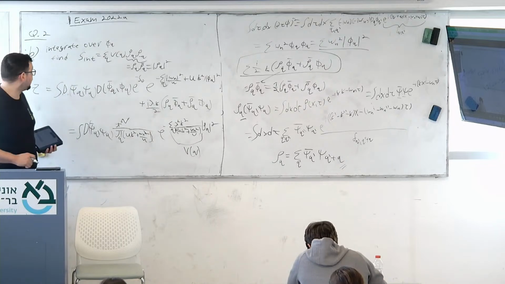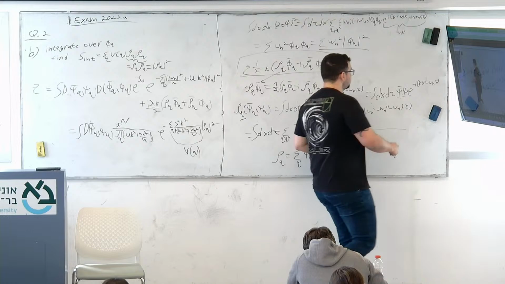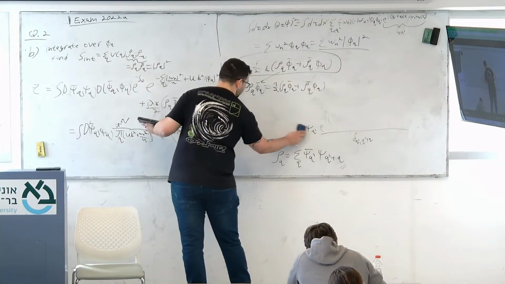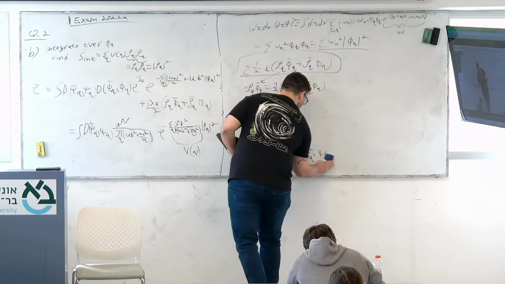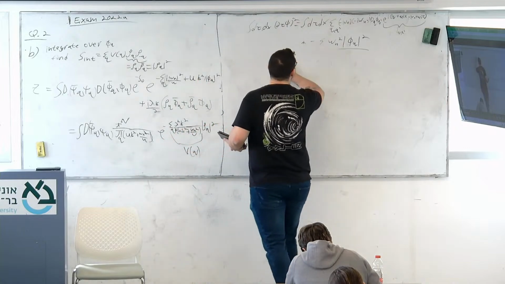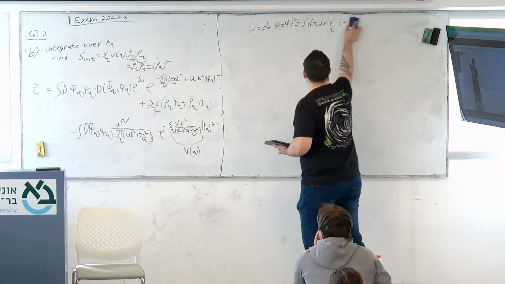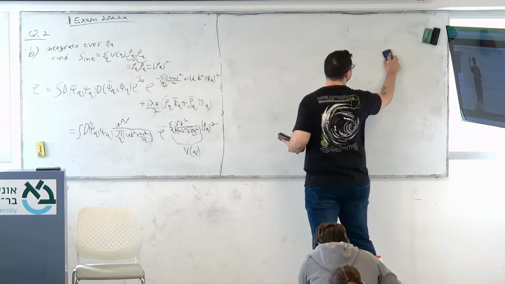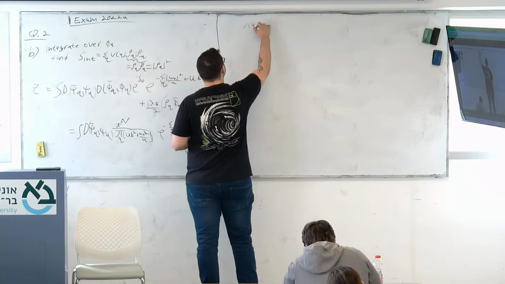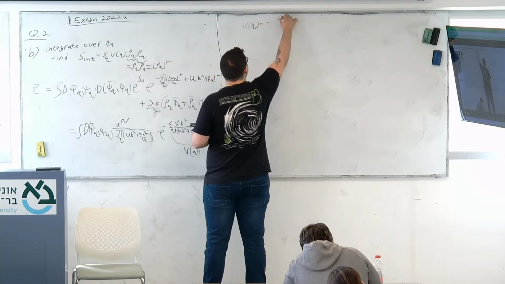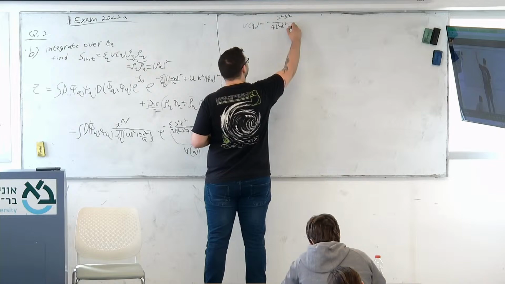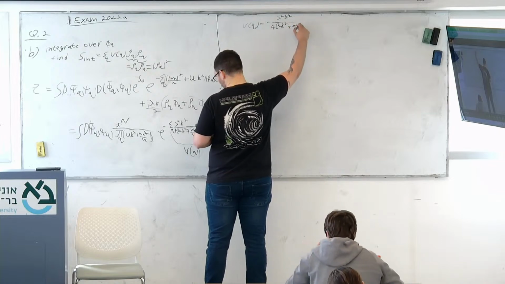I'm just going to write the solution on the other side here. Right, then V of q equals minus lambda squared k squared divided by 4 u k squared plus omega n squared divided by u.